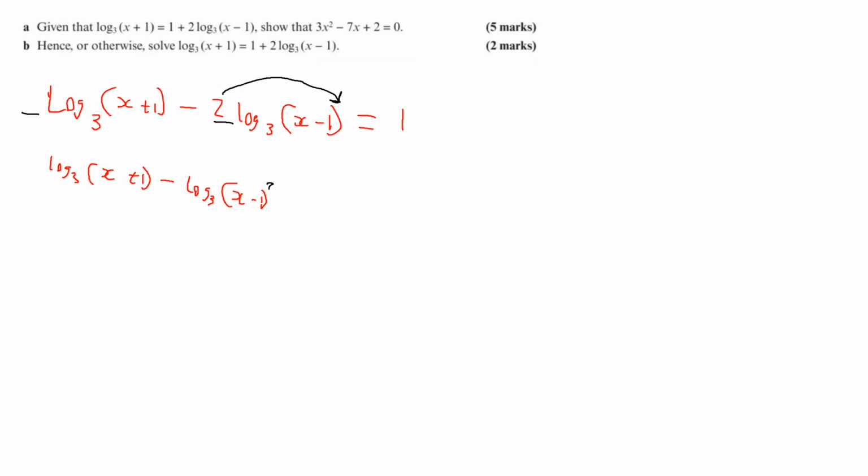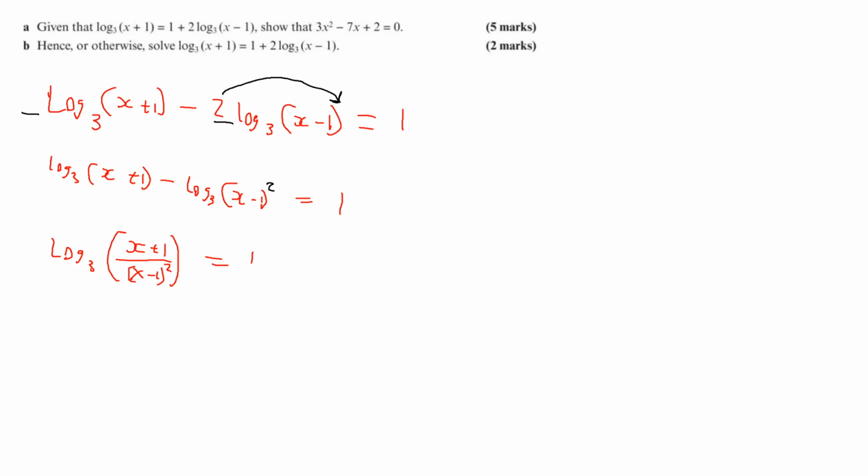And that's all equal to 1. Okay? So now we can make it all into one log, where this is log base 3 of x plus 1 over x minus 1 all squared, and it's equal to 1.